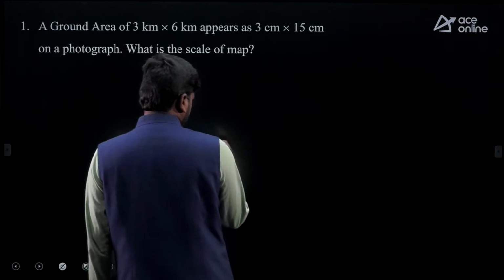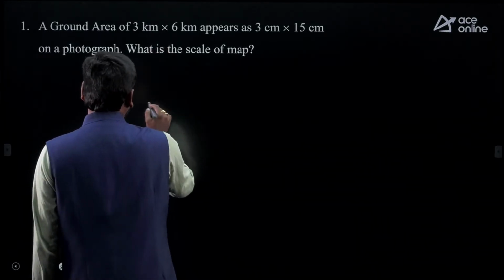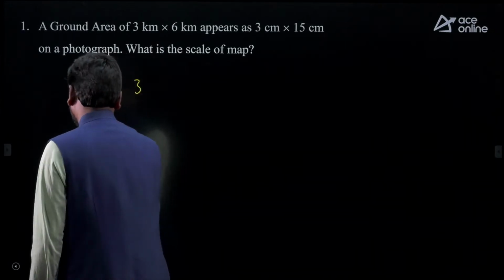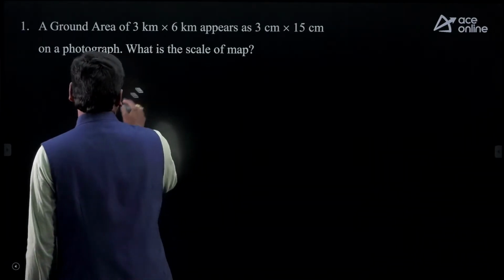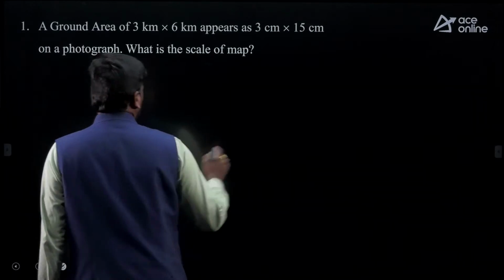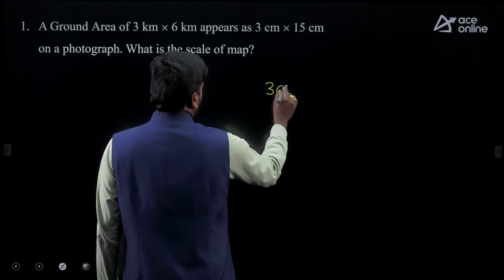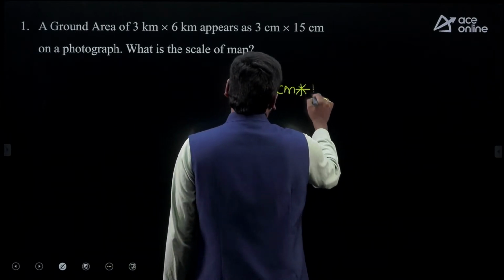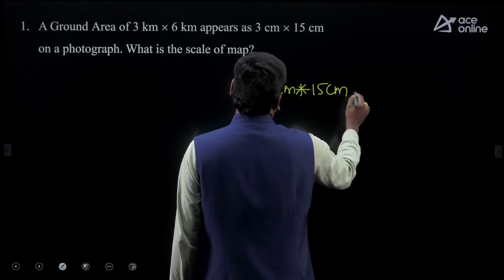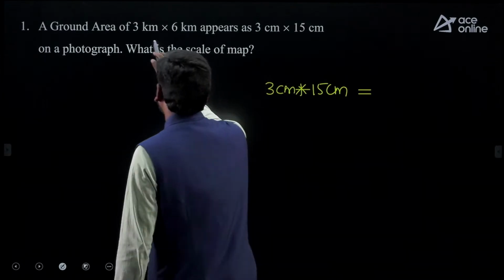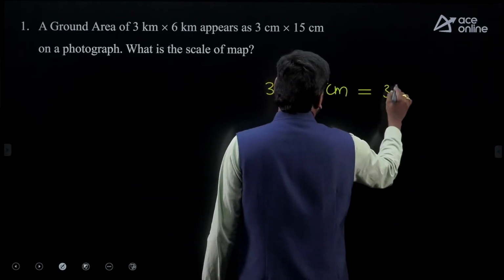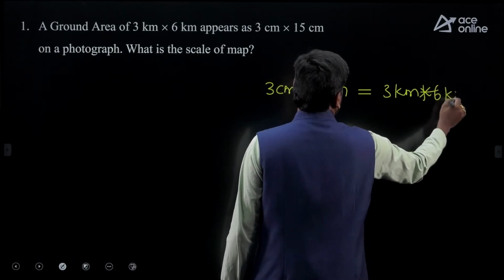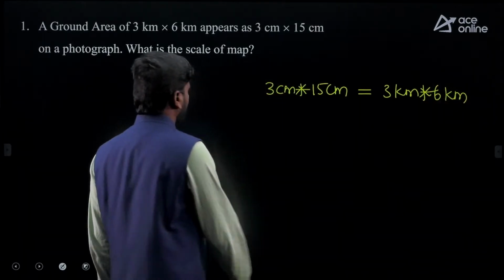Here, it is given 3 centimeter by 15 centimeter, which appears of 3 kilometers by 6 kilometers, right.